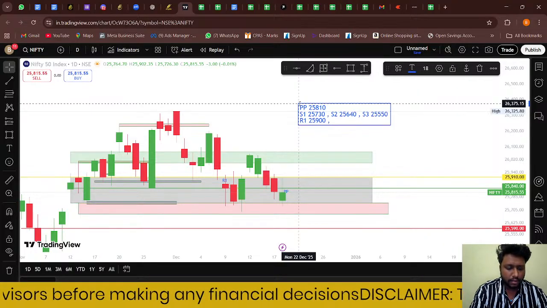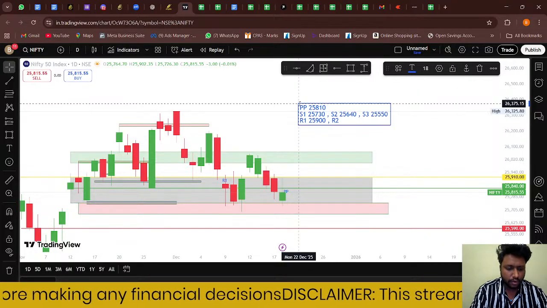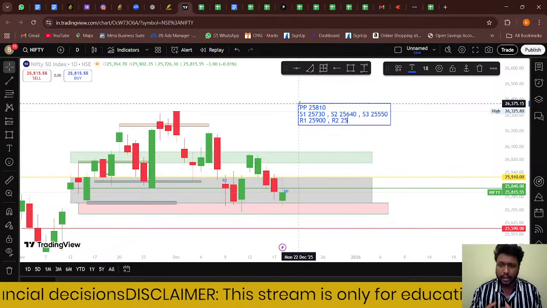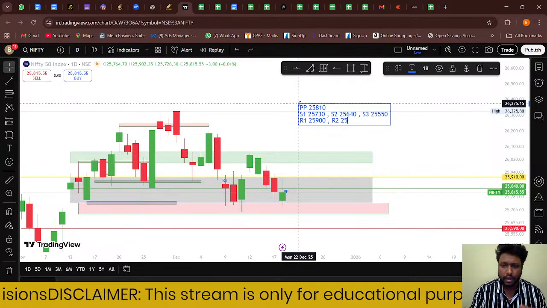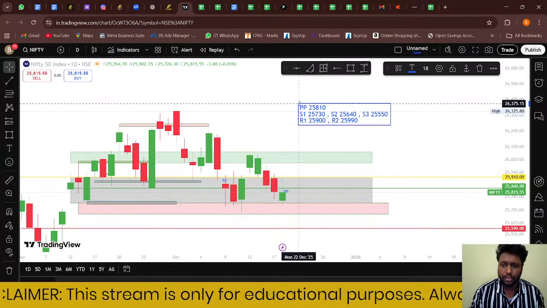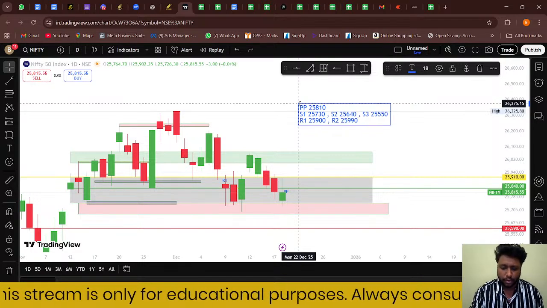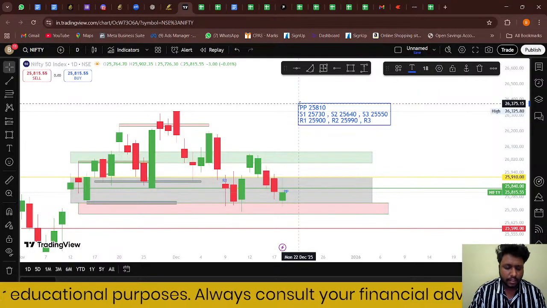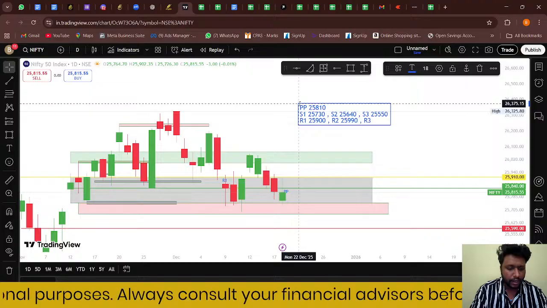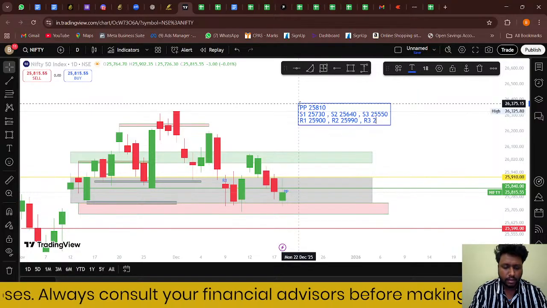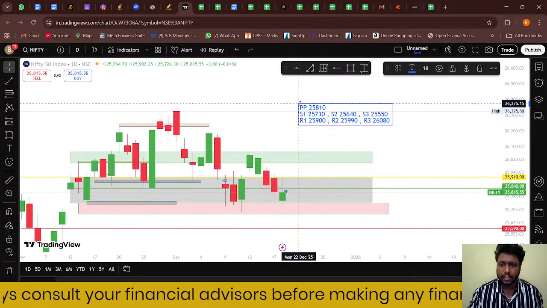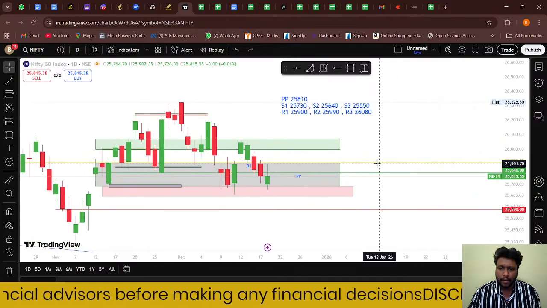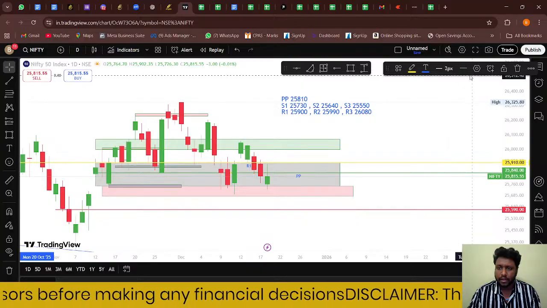Resistance 2, you see, is 25,990, almost 90 points up, exactly 89, so we plotted it as 25,990. Resistance 3 is at 26,080. So these are the levels and three resistances with respect to the pivot point.